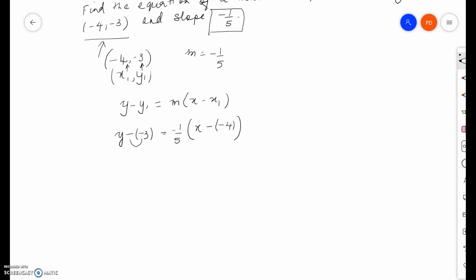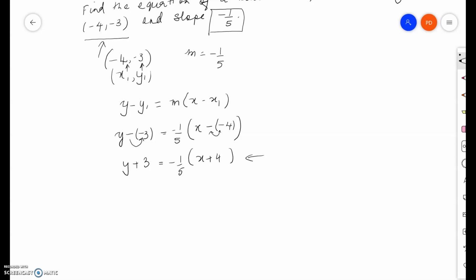So now negative times negative is positive, so y plus 3 equals -1/5 times x plus 4. So this is the point slope form of the equation.